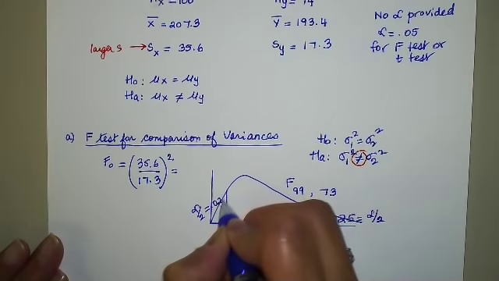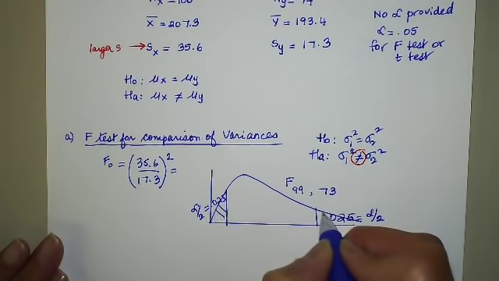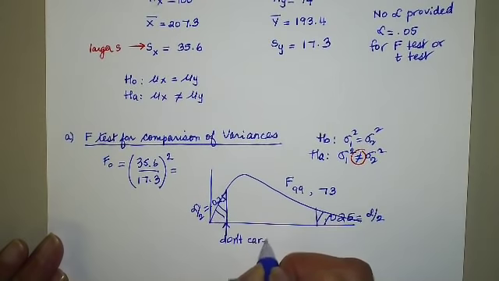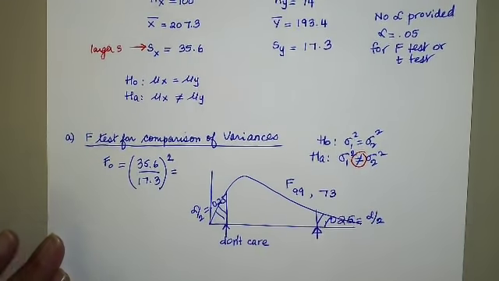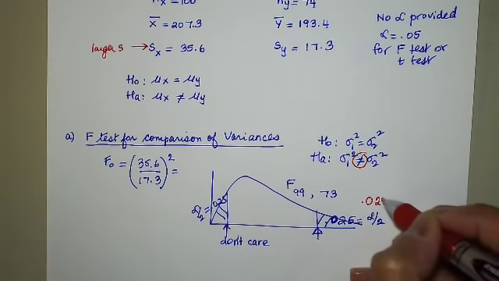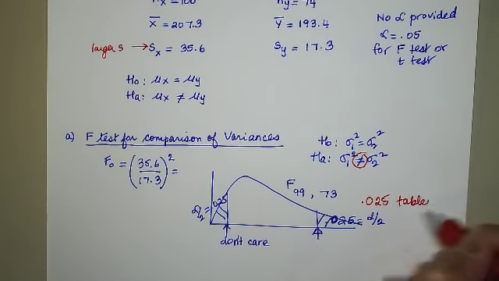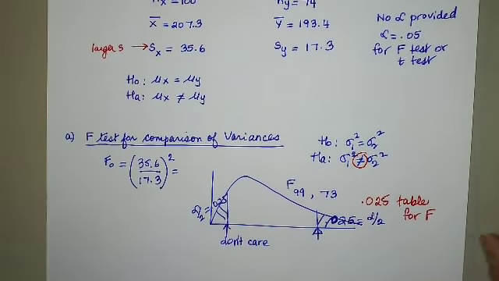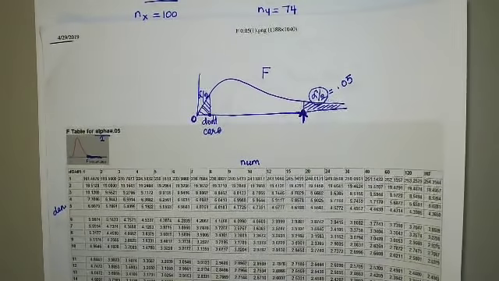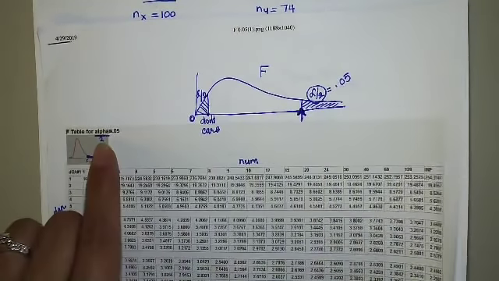So 0.025, which is alpha over 2, goes here, and alpha over 2 equals 0.025 goes here also. I don't care about this one, I do care about this one. I want to make sure that I look up the proper 0.025 table for F. So let's go there.